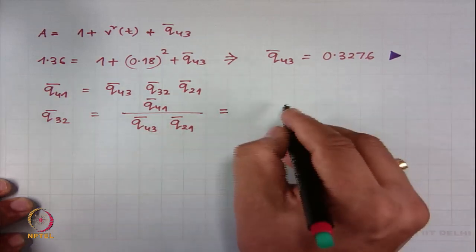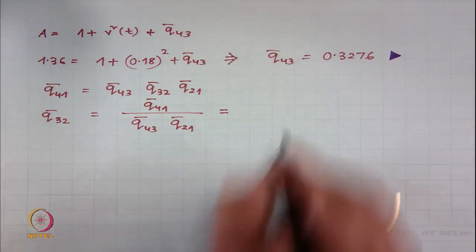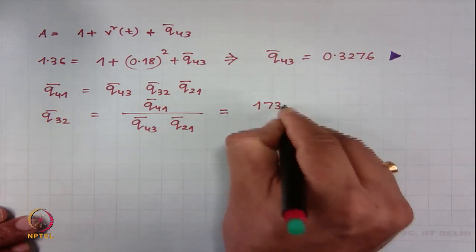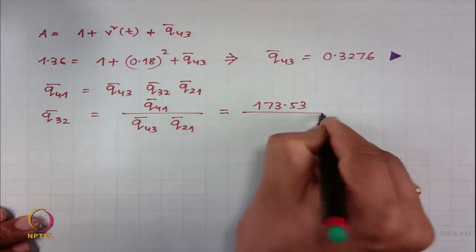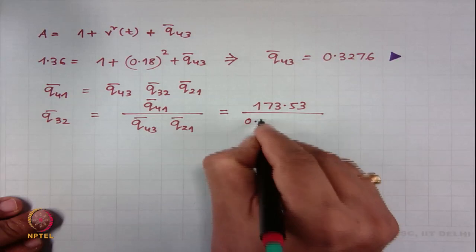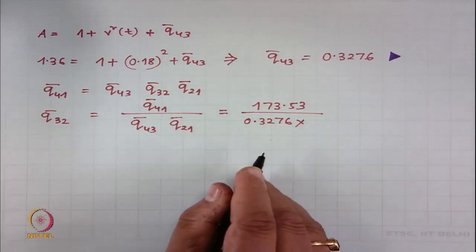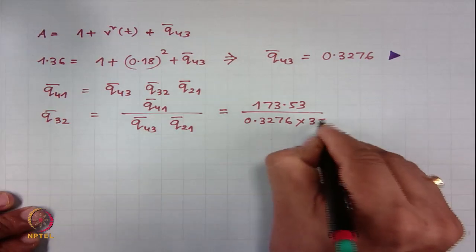Now, what is 41? 41 is we have calculated 173.53 divided by 43 we have calculated 0.3276 and 21 also we have calculated 35.71.